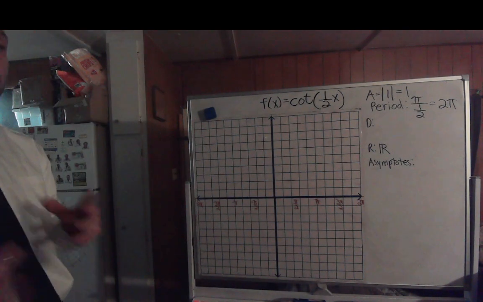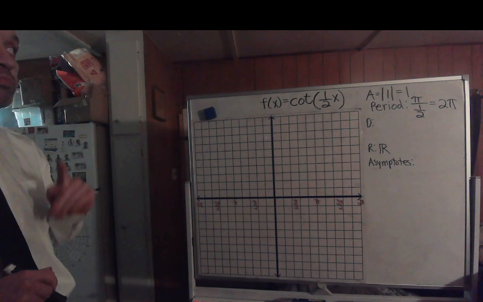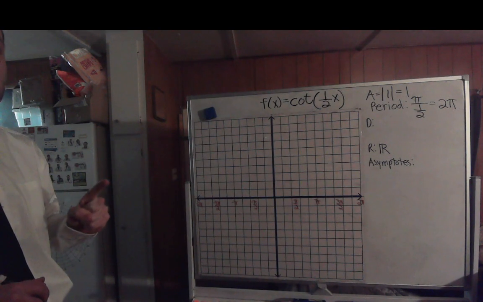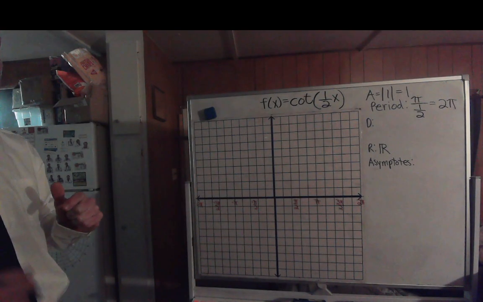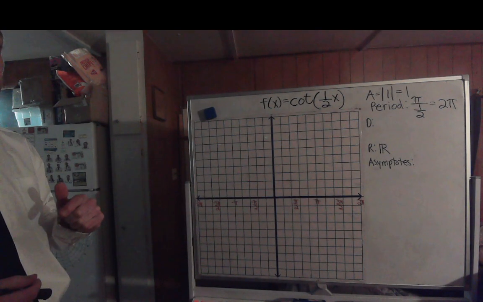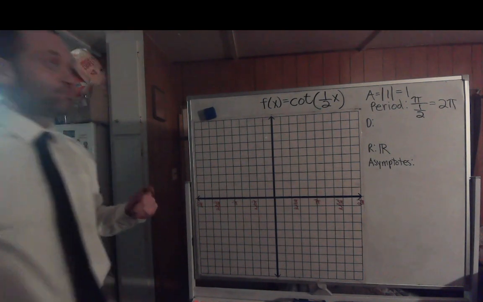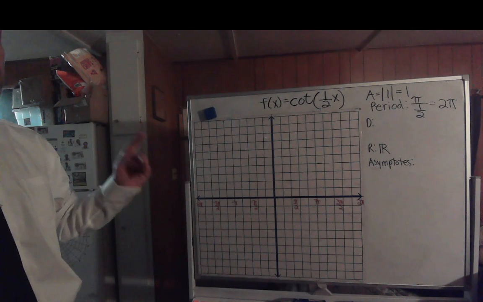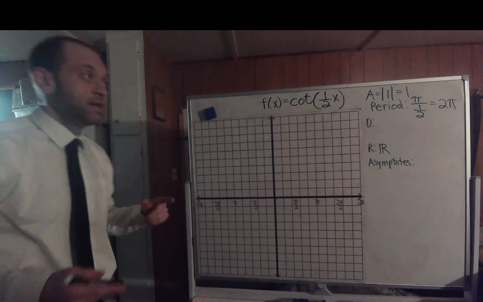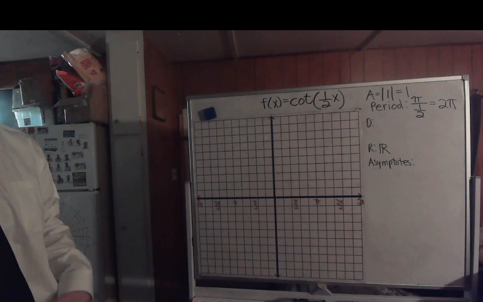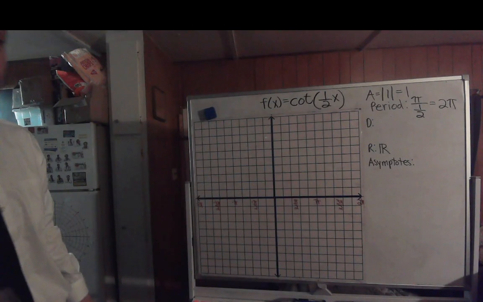So, what does that mean for your asymptotes? What are your normal asymptotes of the cotangent? It's x equals those integer multiples of pi, right? If we divide by that pi divided by that 1/2, you get 2 pi. So if you take that and do the same thing with your asymptotes, you would get even multiples of pi.